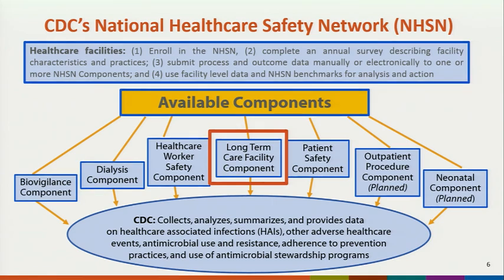And then, of course, we have the long-term care facility component, which is used by our long-term care facilities across the U.S., and the patient safety component used by acute care facilities across the U.S. We have 2 additional components that are planned, the outpatient procedure component and the neonatal component, and those are a future release date.